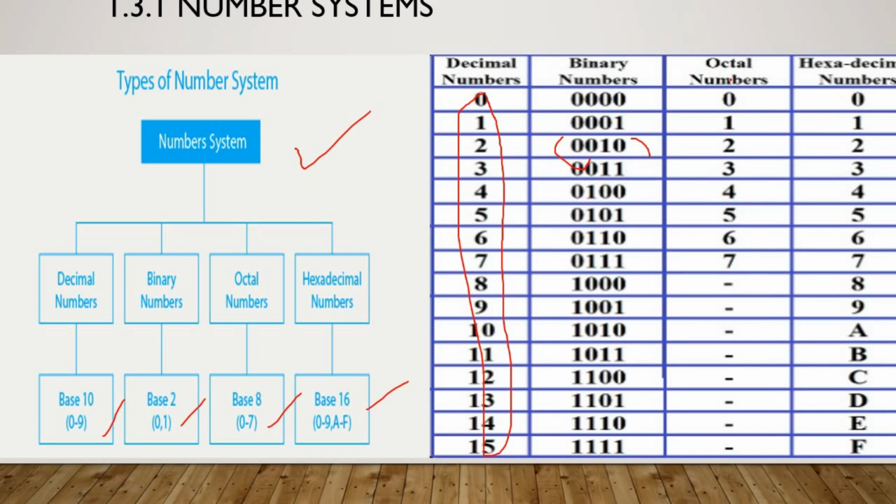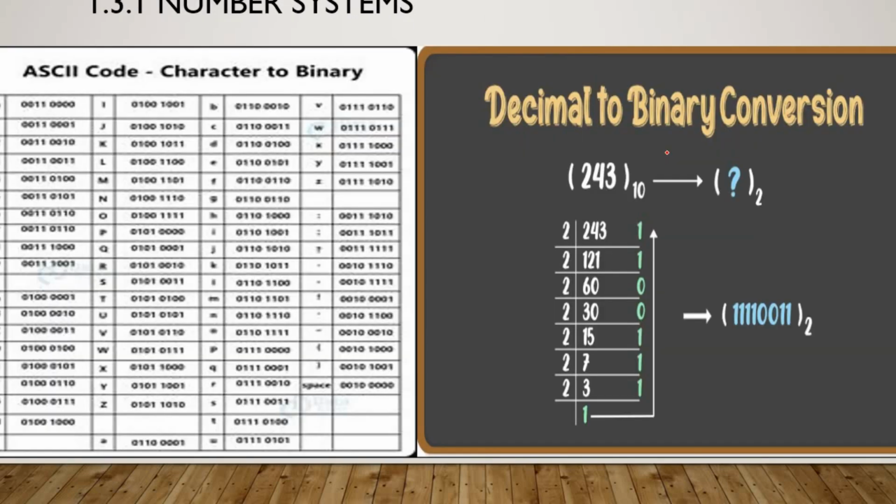So the octal numbers represent from 0 to 7, and the hexadecimal from 0 to 15, which is 0 to 9, then A to F. Then the octal 0 to 7, and the binary using 2 bits can represent that one.